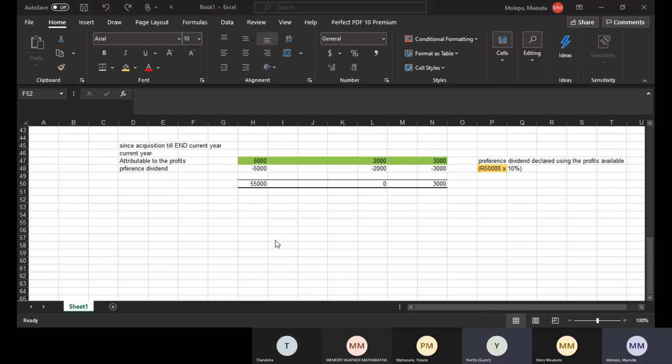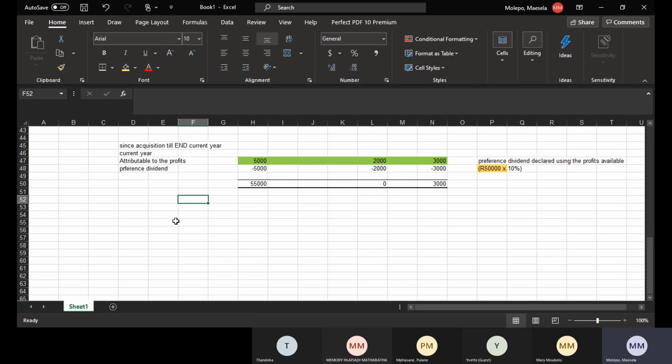Yes, I'm following. Thank you. Okay. So let's start with the journal for the land, because there was a land revalued. However, that land was not accounted for.